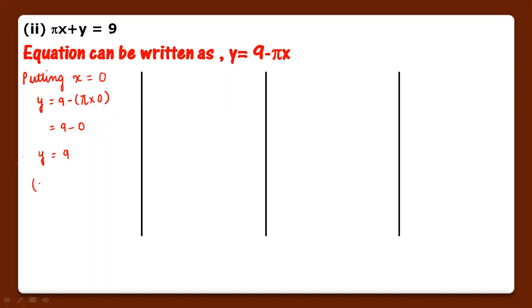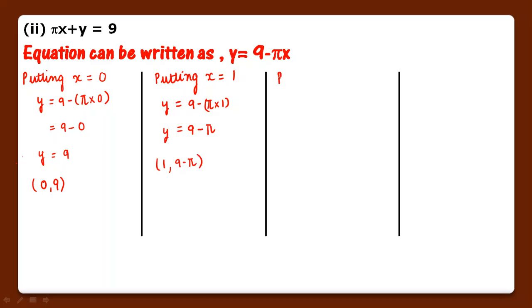So the first solution we get is 0, 9. Now putting x equals 1, y equals 9 minus pi into 1, that is 9 minus pi. बस अब इसे हम यही छोड़ देंगे. So we have got our second solution, 1, 9 minus pi.